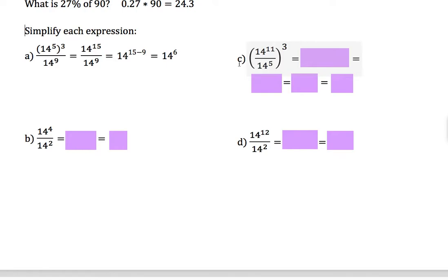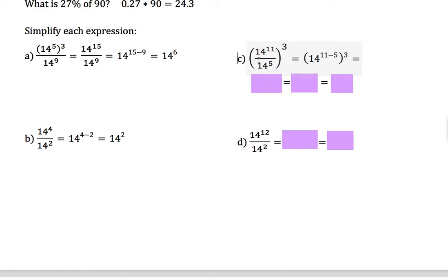Okay, I guess we'll do B first. All we're doing here is subtracting the 4 minus 2 in the exponents, and you're left with 14 squared. Here you need to take care of what's in parentheses first, then take care of this exponent. So in the parentheses, we are doing 11 minus 5 because we're dividing here.